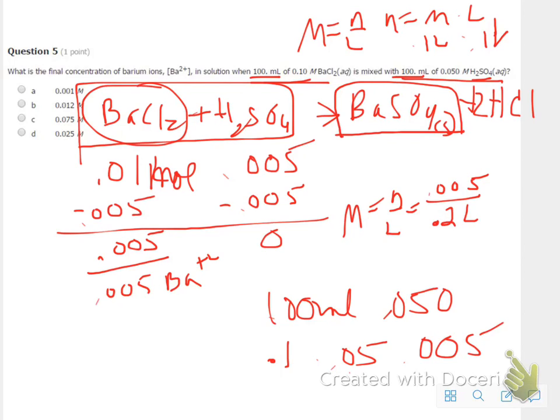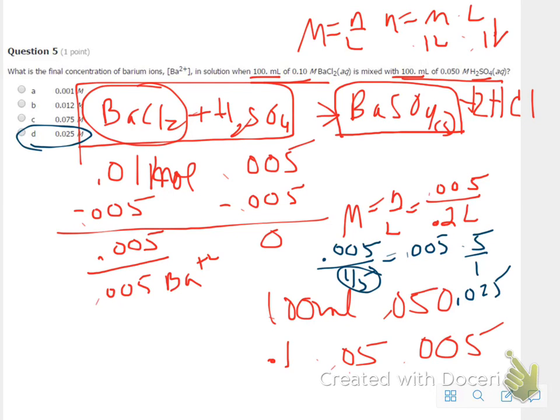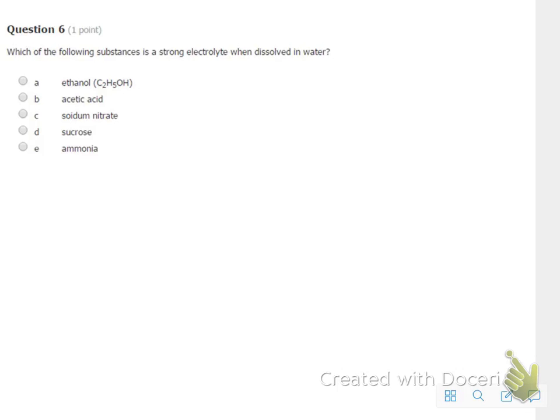So if I have 0.005 over 1/5, that's equal to 0.005 times the inverse of this, which is 5 over 1, and I'm going to get 0.025 molar. Tough problem. All right, let's take a look at number 6.